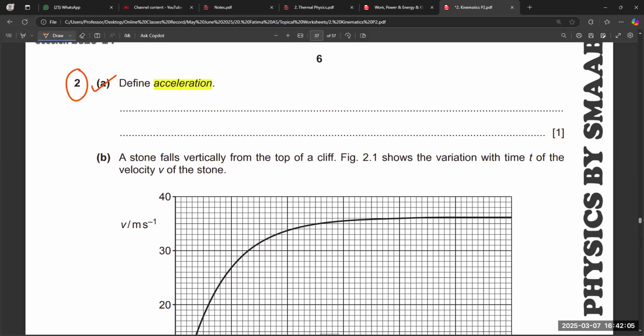So first of all, we need to define acceleration. So for acceleration, we can define it as the rate of change of velocity.